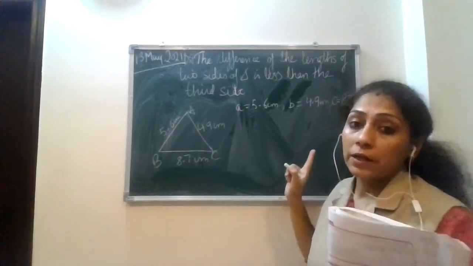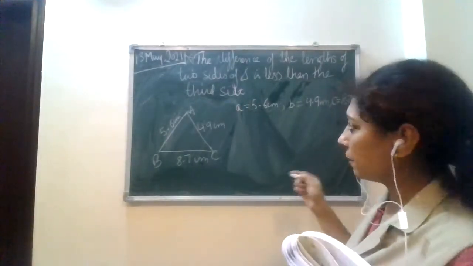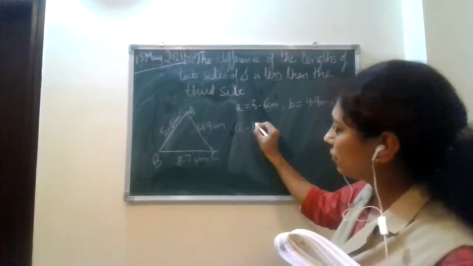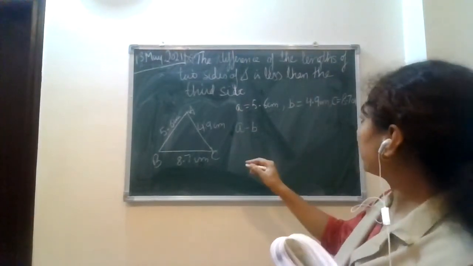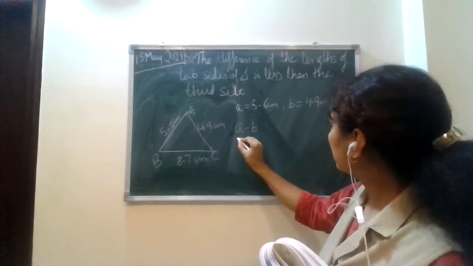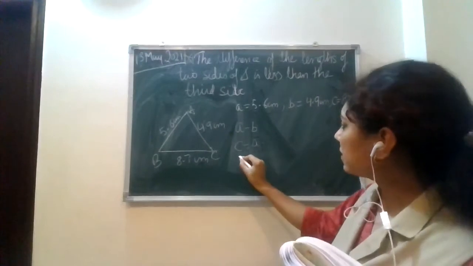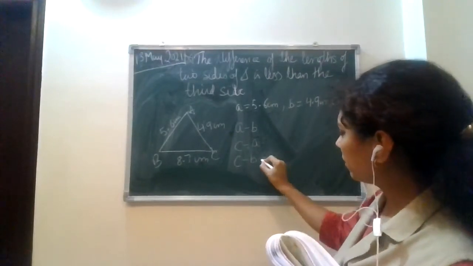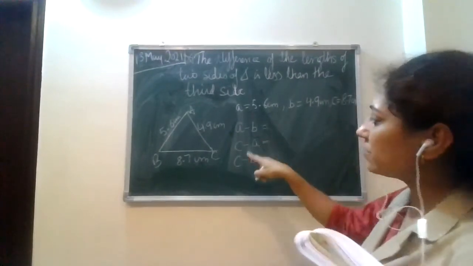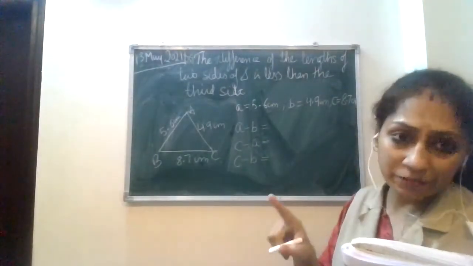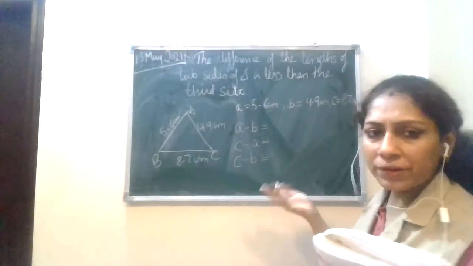Now, in this scenario, if I say you have to find the difference of A minus B, fine. You can find A minus B, and then the difference of C minus A and C minus B, right? I'm taking C first because C has a greater value, so I don't want to consider it as a negative integer. So I want it to be positive, but that's okay.